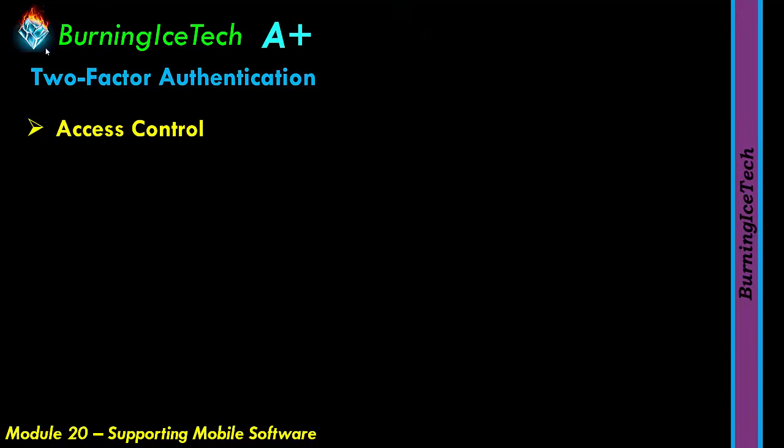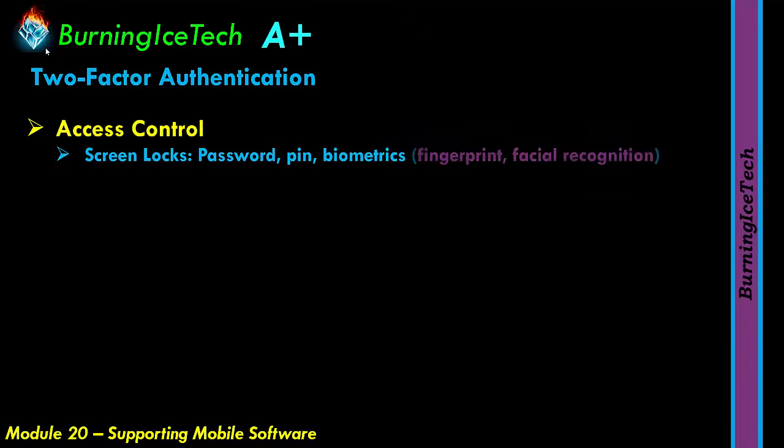Only the right people have access to the right stuff. So if you're working on stuff that's very confidential, that needs to be secure, implementing two-factor authentication is a good way to go. So you might want to look at things like screen locks, and in terms of screen locks, you might want to look at things like passwords, PINs, biometrics, and when we talk about biometrics, once again, that could be fingerprint, facial recognition, that kind of stuff.